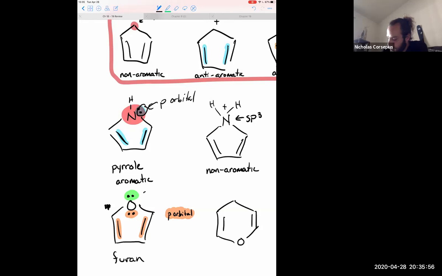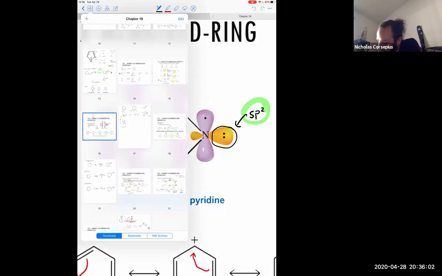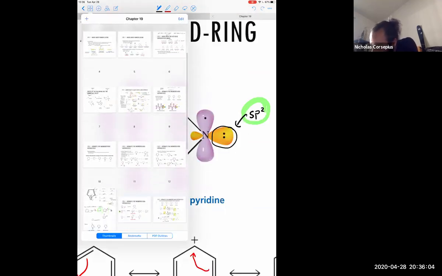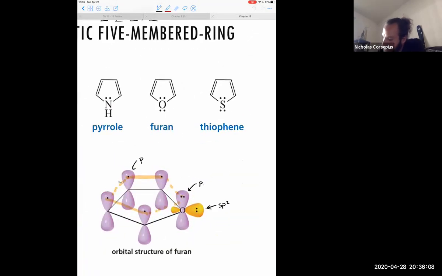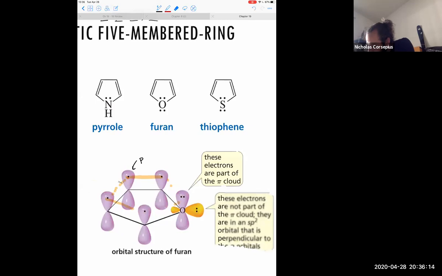It's going to be in an sp2 orbital. And again, we saw sort of earlier in this lecture a more detailed picture of what that looks like. Down here, right? So here we have one pair of electrons that are in that pi cloud and the other one that isn't.